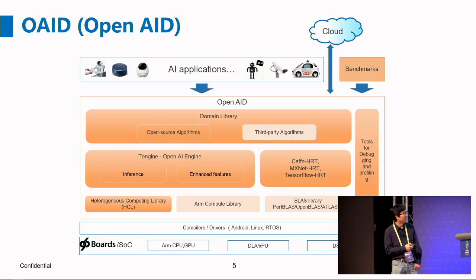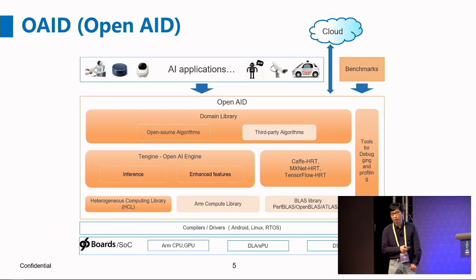For the framework, you can see we have a very popular framework supported, like a Caffe. This Caffe is a Caffe HRT. HRT means heterogeneous runtime. That's optimized Caffe. But it's just for ARM's solution. Caffe HRT or MXNet HRT or TensorFlow HRT, all of them are optimized framework.